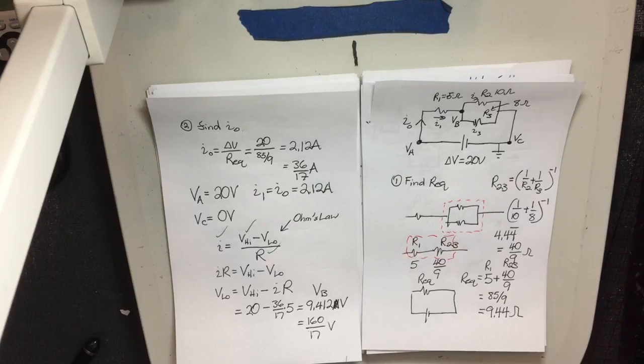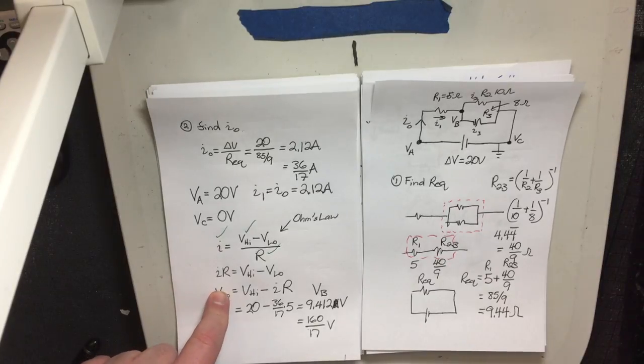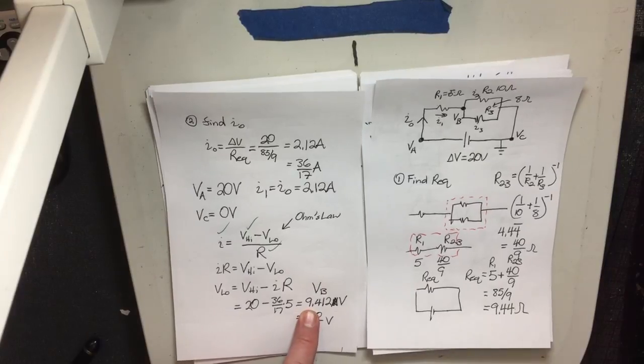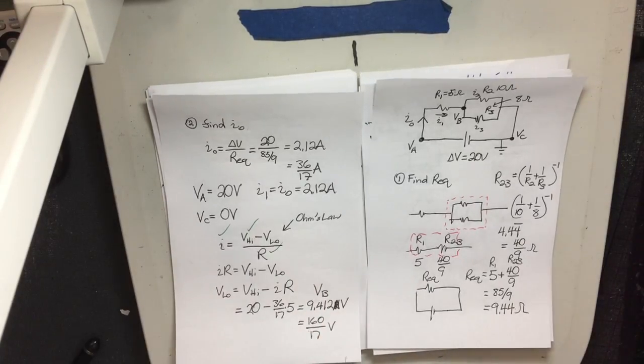If I don't ask for it, don't write it down as a decimal. Keep it as fractions. So when I want a number, VB, don't give it to me as 160/17. Write it out as 9.412. But when you're continuing your problem, keep it in fractions.